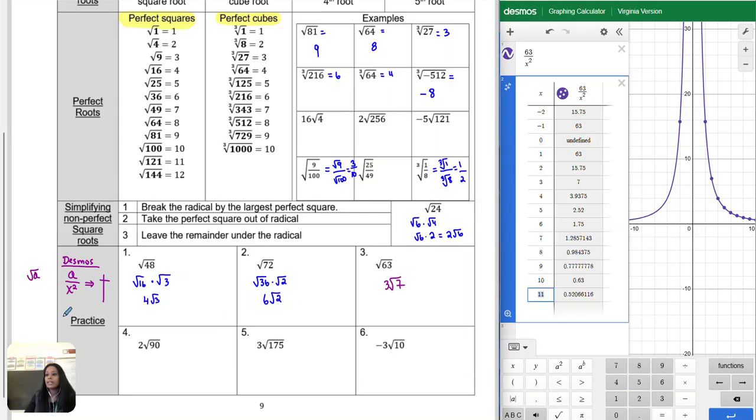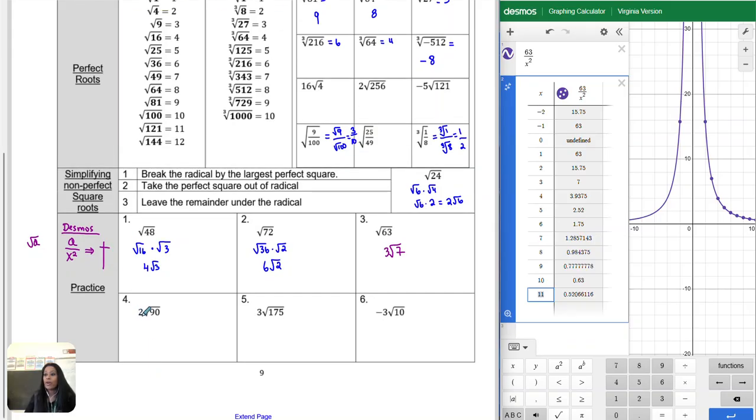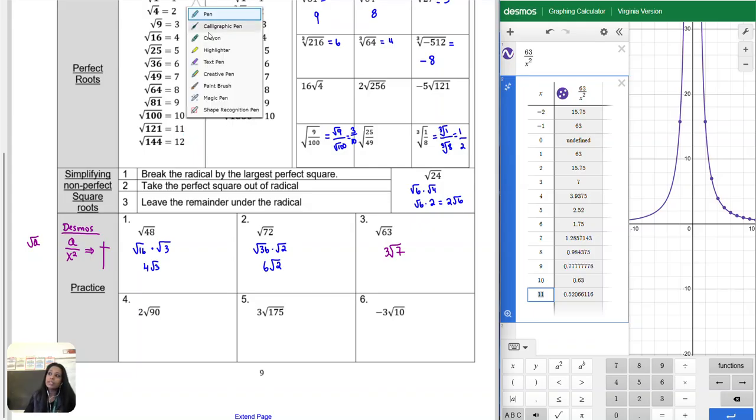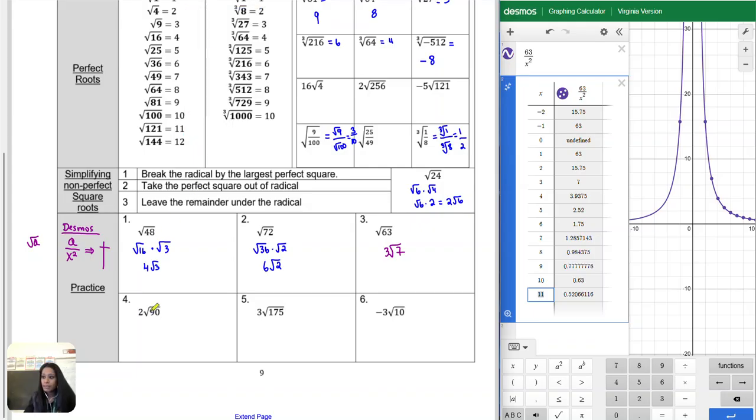Now, you will have times where you already have a number on the outside. You're going to do the same process, but you're only going to focus on the radical part first, okay? The number on the outside, you're just going to leave alone for a little bit, and then we'll deal with it.